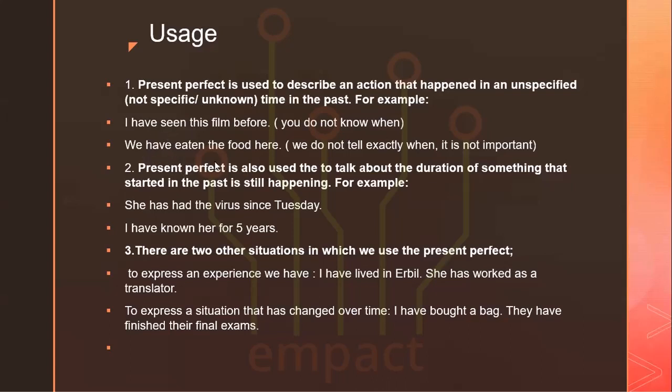The second sentence: I've eaten the food here. You went somewhere before, and now you're going to the same place again with your friends or family. So you say, I know this place is really good because I've eaten the food here. We don't tell exactly when because we don't need it; it's not important.